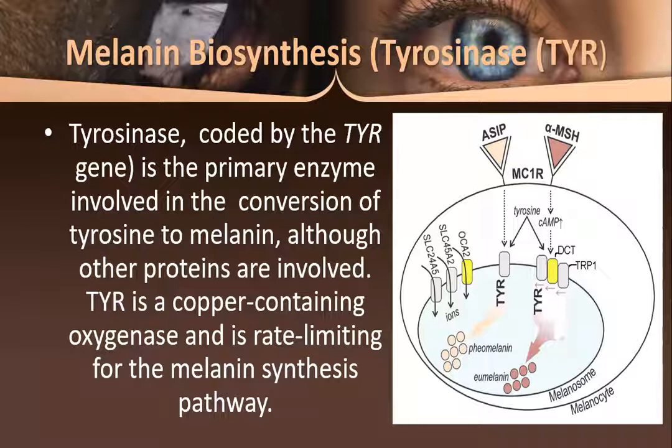Okay, a few more things about melanin biosynthesis. Tyrosinase is an enzyme, TYR, which is mentioned in this slide. Tyrosinase is coded by the TYR gene. First of all, you know, all proteins are a result of expression of the respective gene. So the TYR gene is responsible for the production of the tyrosinase enzyme.